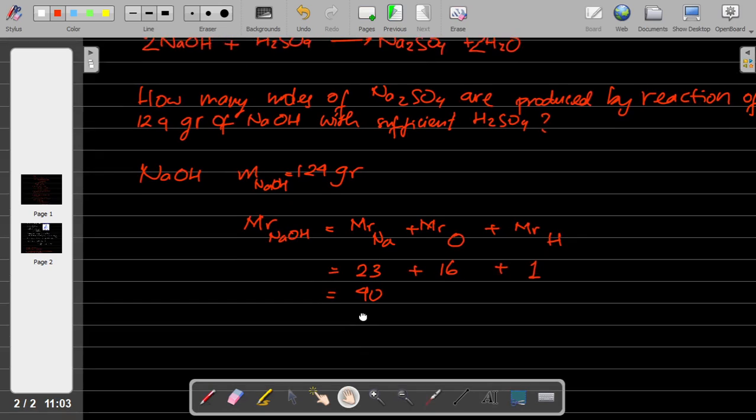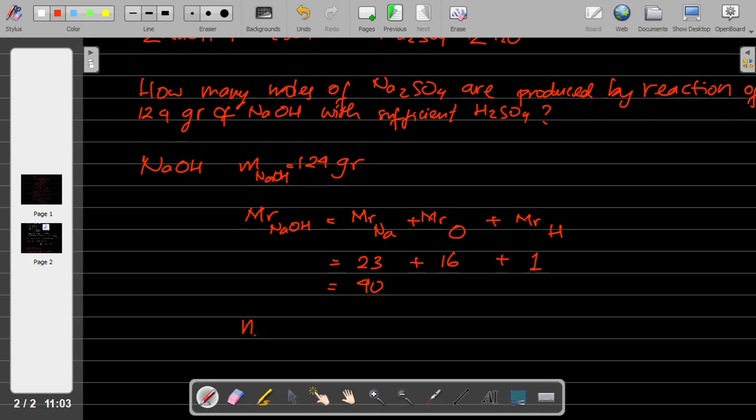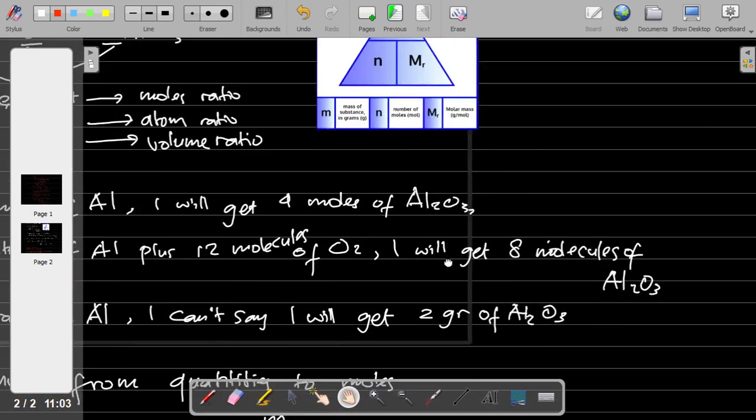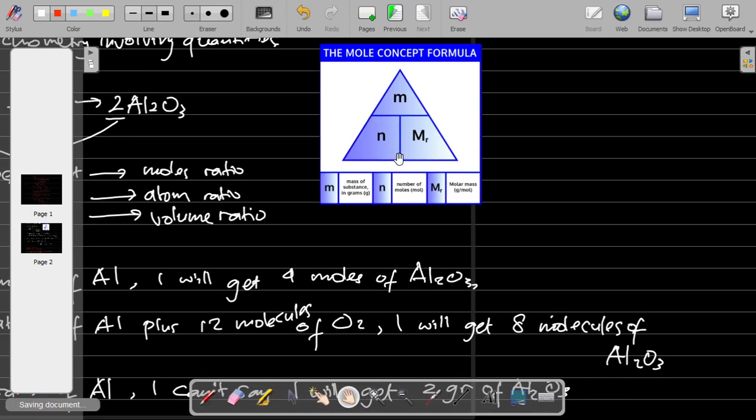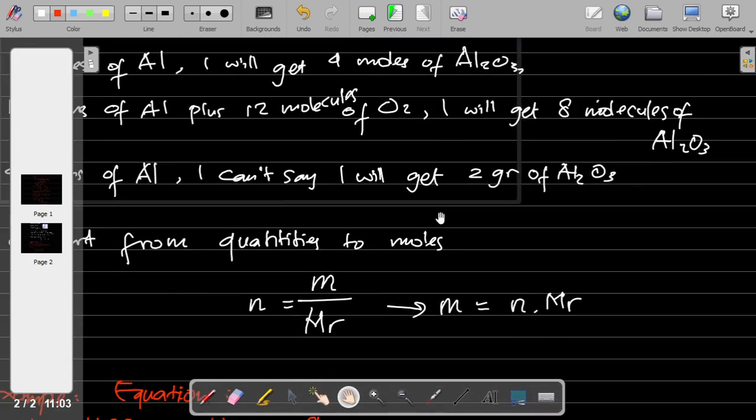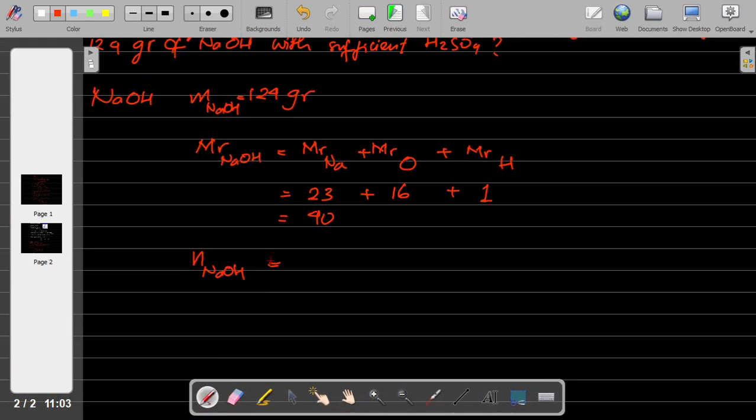Then we are going to find the mole of NaOH, and the formula you can check here. When we want to find the moles of something, we get it by dividing the mass of the substance by the molar mass of the substance. So the mass of NaOH divided by the molar mass of NaOH.